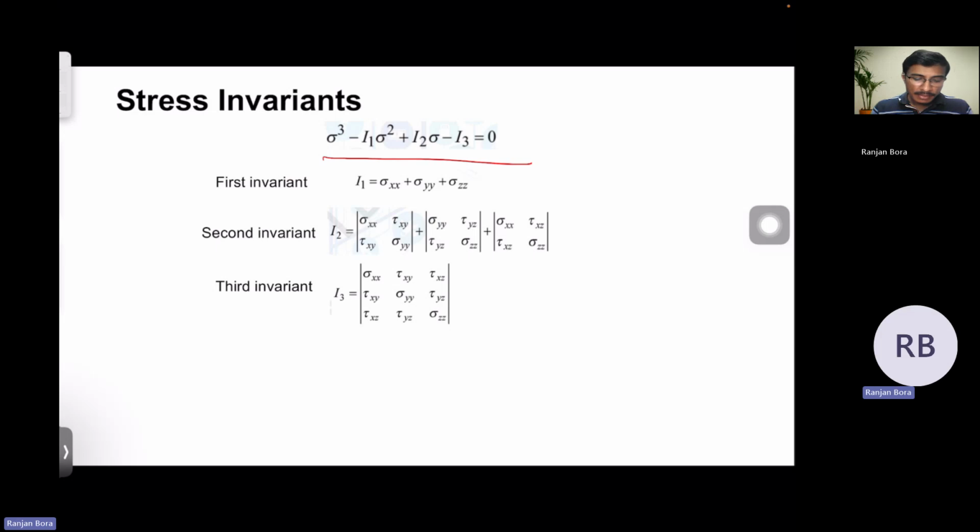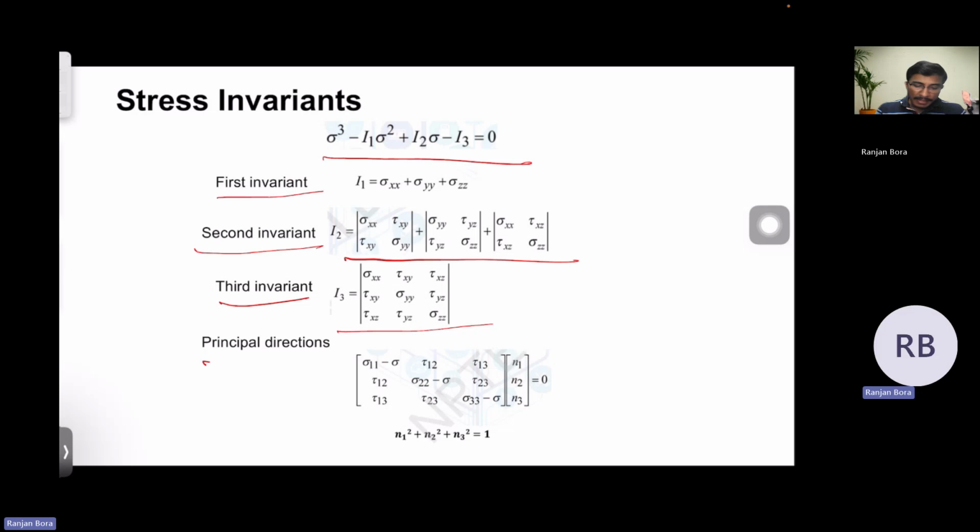From the characteristic equation, we get the stress invariants. What is the first invariant? The first invariant is I1 equal to sigma xx plus sigma yy plus sigma zz. The second invariant is given by this expression, and the third invariant is the determinant of this 3-dimensional matrix.